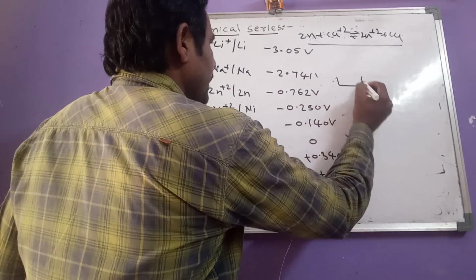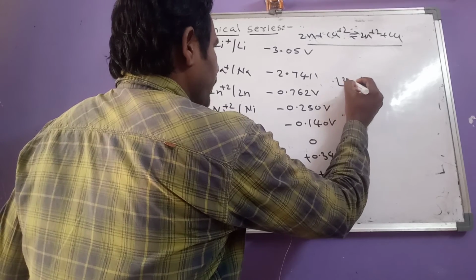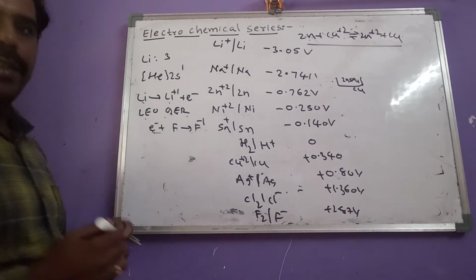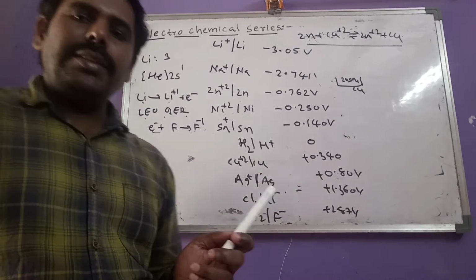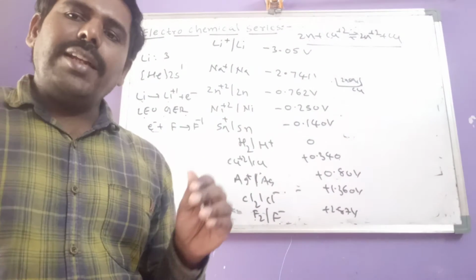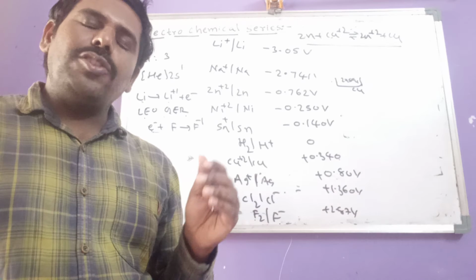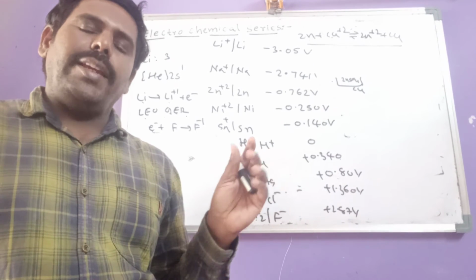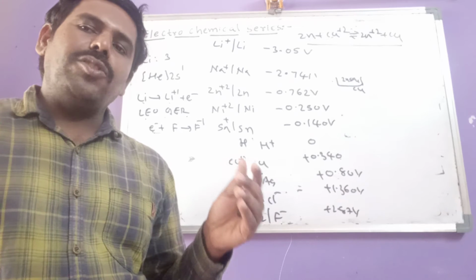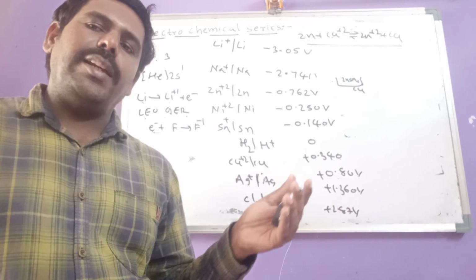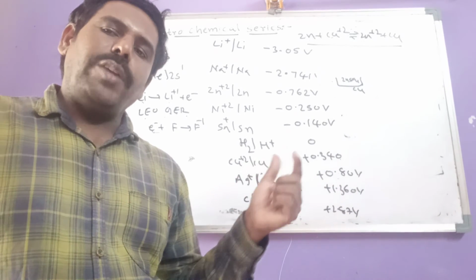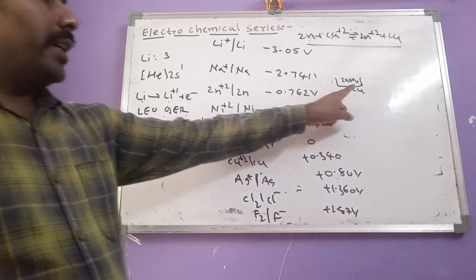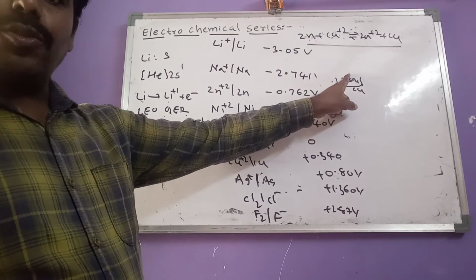Zinc sulfate is stored in a copper vessel. The question is, can zinc sulfate be stored in a copper vessel or not? Yes, we can store it, because zinc is present here in the zinc plus 2 state.